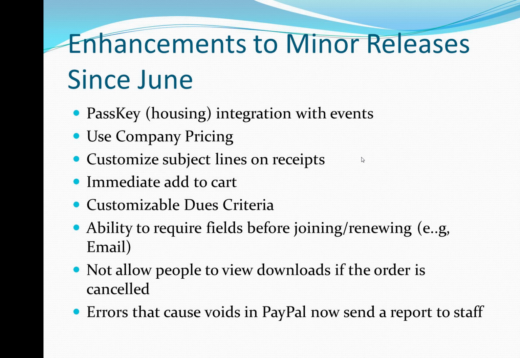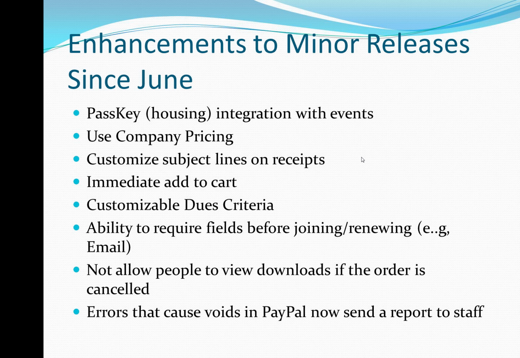One of the things that we've done recently that's in one of these releases is the ability to customize subject lines on all receipts. So instead of saying order receipt, you can now customize it and use a word merge feature to specify what words go on the subject lines.